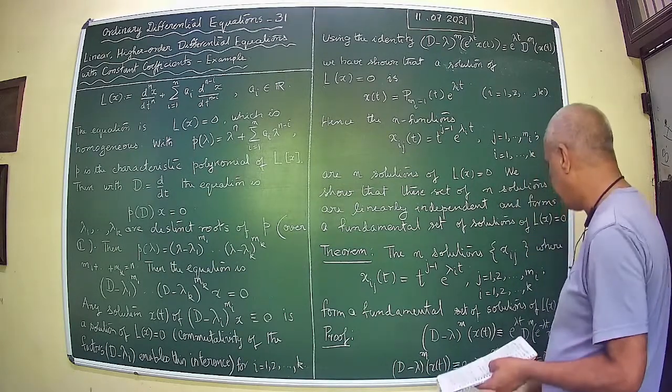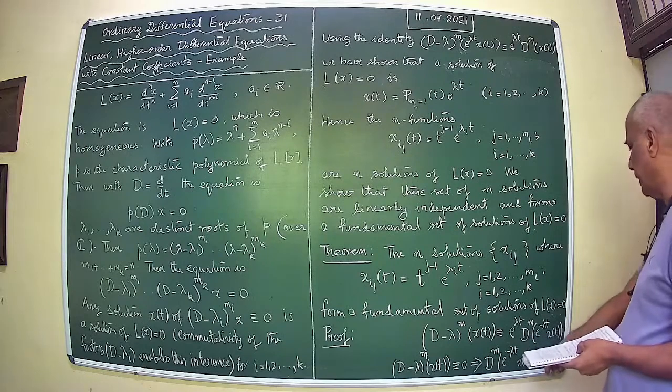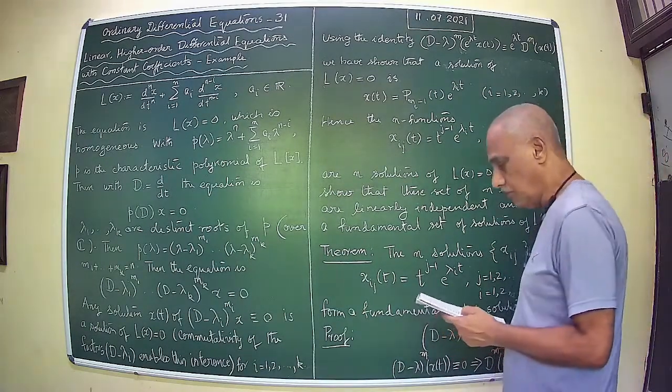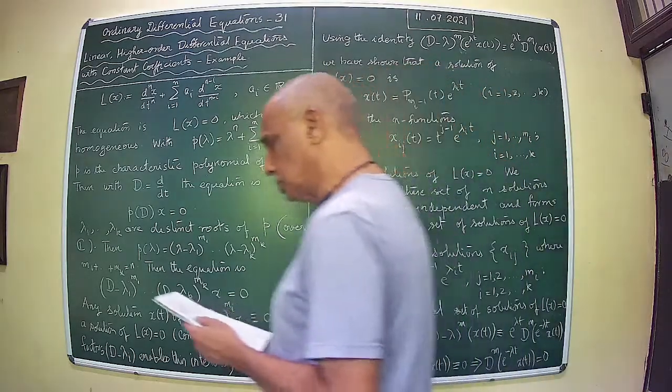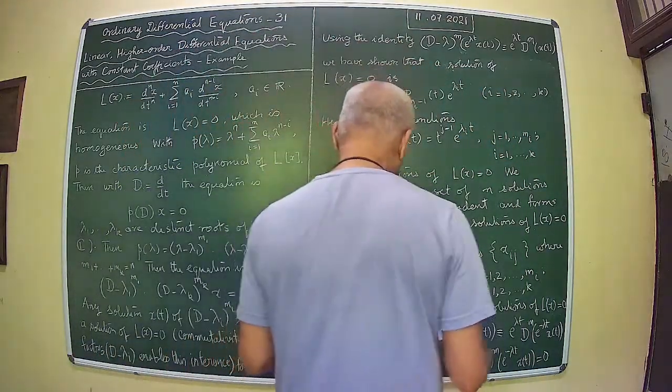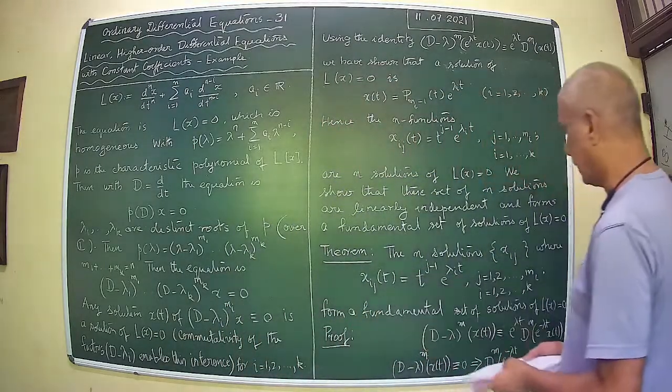Therefore, you can write e to the power minus lambda t x(t) as a polynomial in t of degree at most m minus 1. Okay, so that's how it comes.